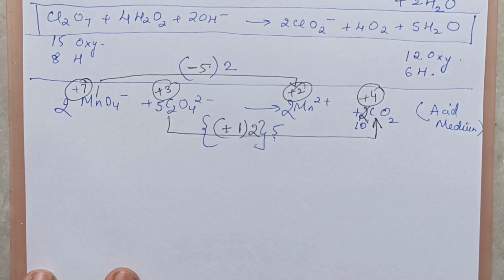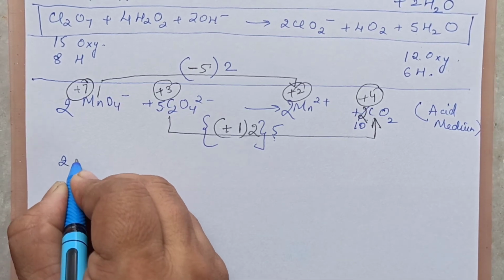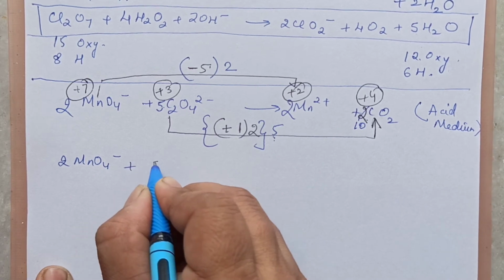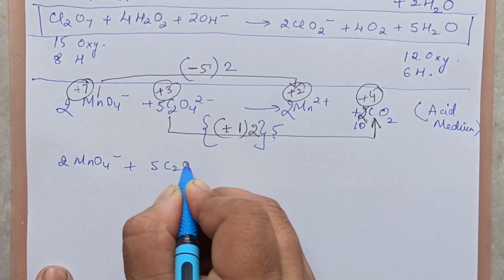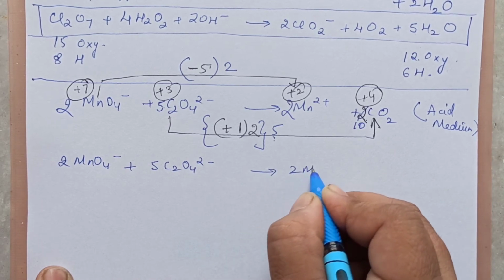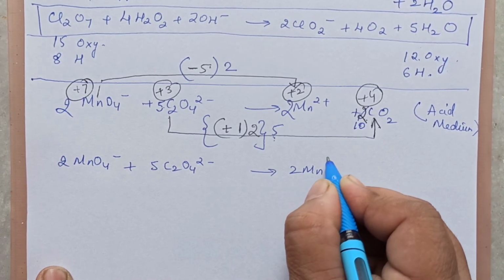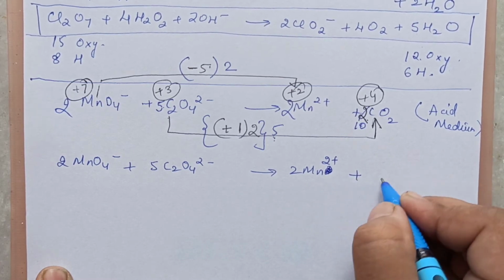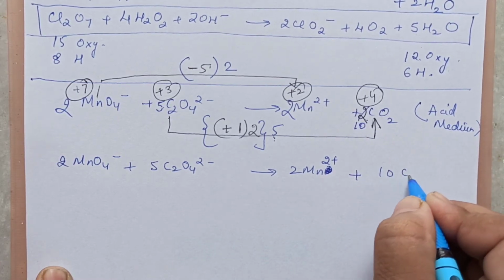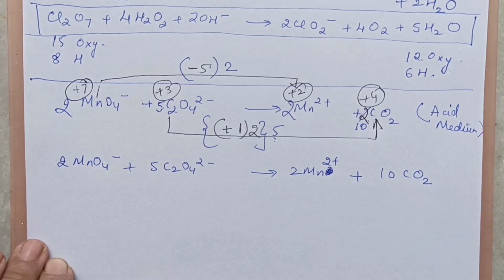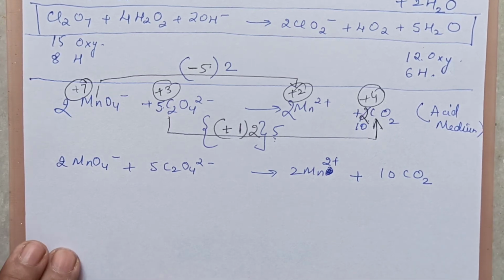And whatever changes I did now, I will rewrite. 2MnO4 minus plus 5C2O4 2 minus gives 2Mn2 plus, plus you have 10 CO2, right? Now we need to balance oxygen. We will check how many oxygens on the left hand side.